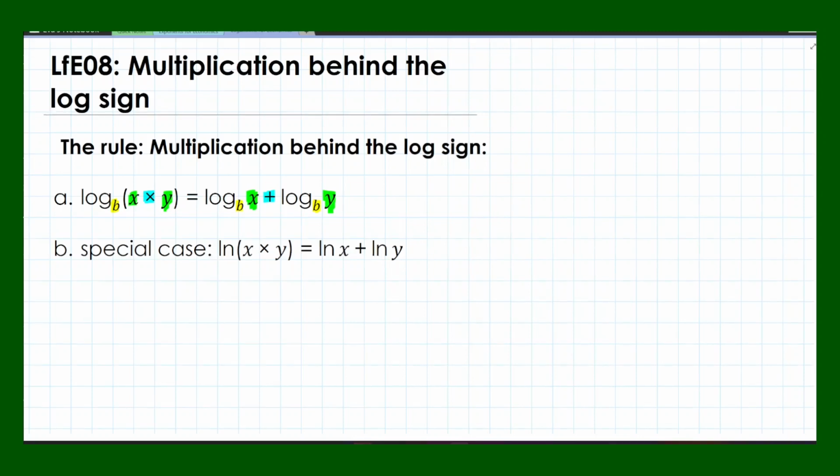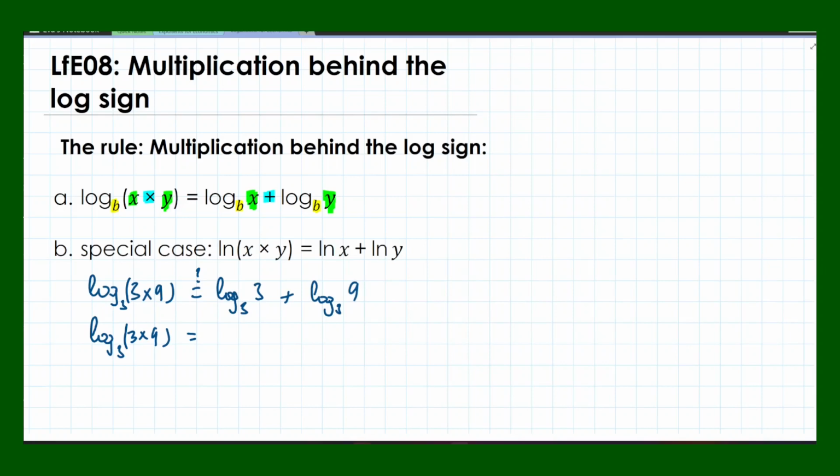If you think about log base 3 of (3 times 9), I'm going to put that into a bracket so we know that the log applies to the whole multiplication. Should that be equal to log base 3 of 3 plus log base 3 of 9? Is this true? Let's see if we can convince ourselves. What do I know about log base 3 of (3 times 9)? I can do the multiplication inside the bracket, so I can replace that with log base 3 of 27.